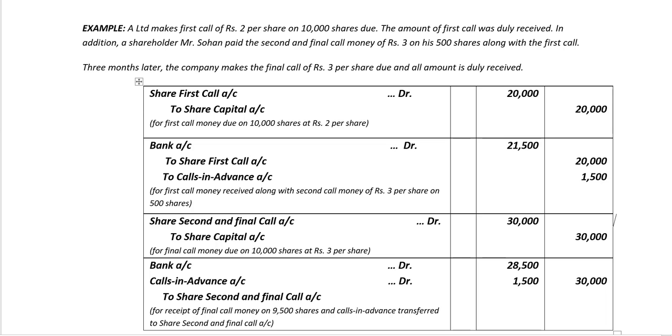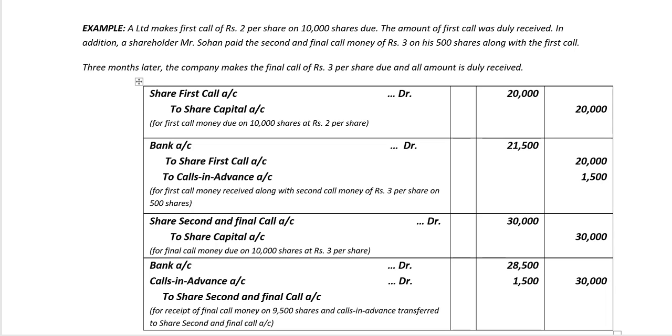Let's understand accounting for calls in advance with the help of an example. In our example, A Limited makes the first call of rupees 2 per share on 10,000 shares due. Amount of first call was duly received.